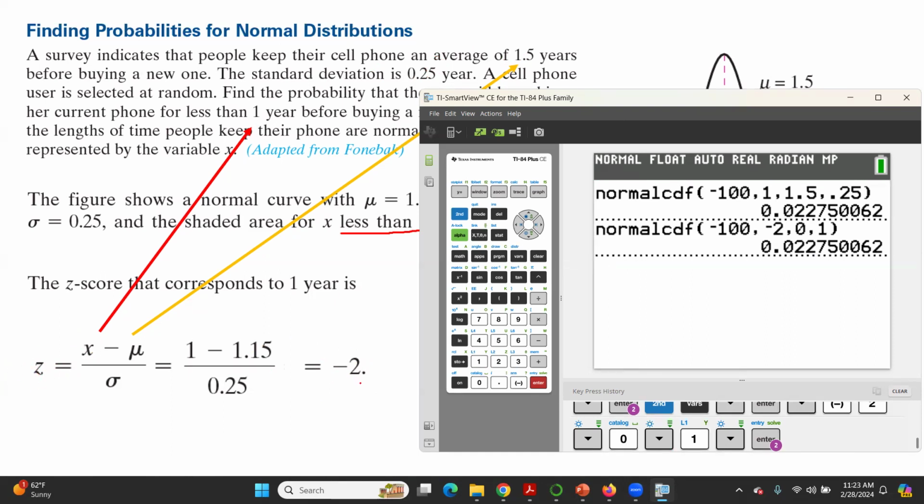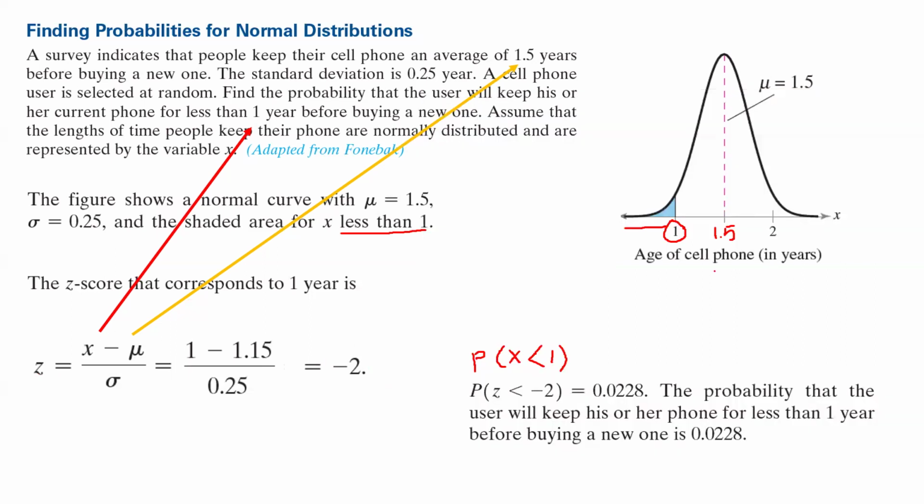Z is -2, and then mean is 0, standard deviation is 1. But again, it doesn't matter which one you use, you get the exact same probability. The probability that you randomly select a person and that person keeps their phone for less than 1 year is 0.0228 or 2.28%.